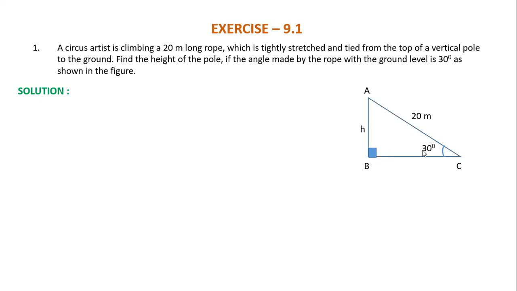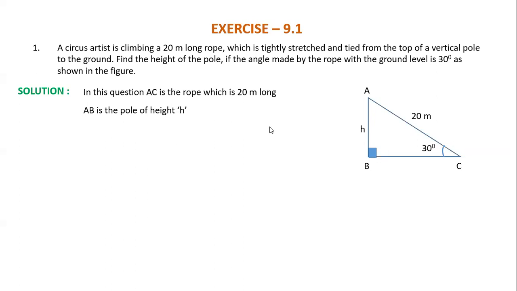With respect to this angle, our ratio must contain the side which we want to find and the side whose value we know. With respect to this angle, this is the opposite side and this is the hypotenuse, so opposite upon hypotenuse. In this question, AC is a rope which is 20 meters long.